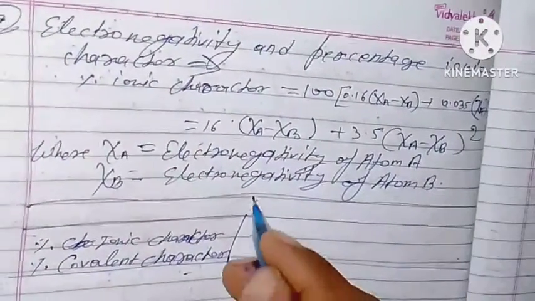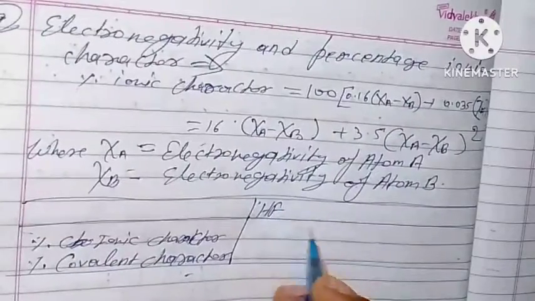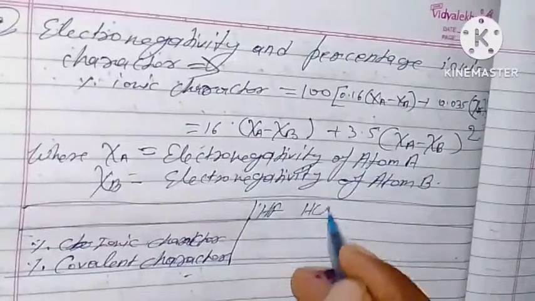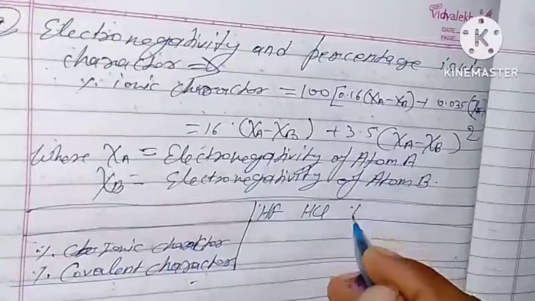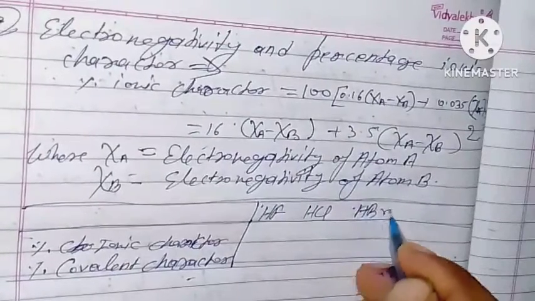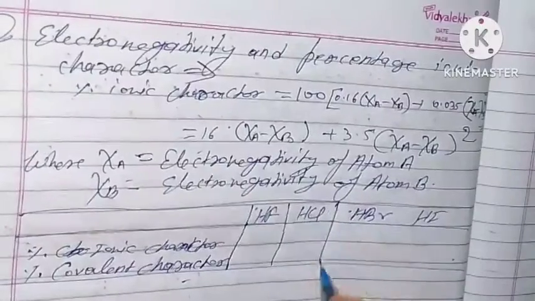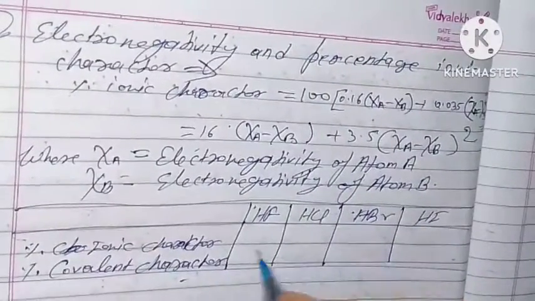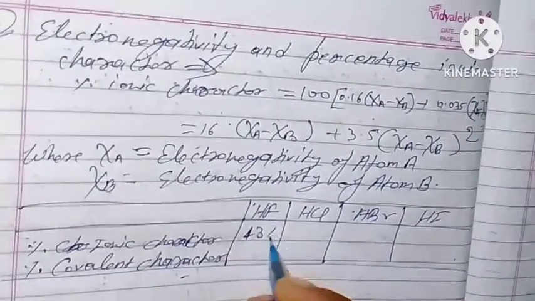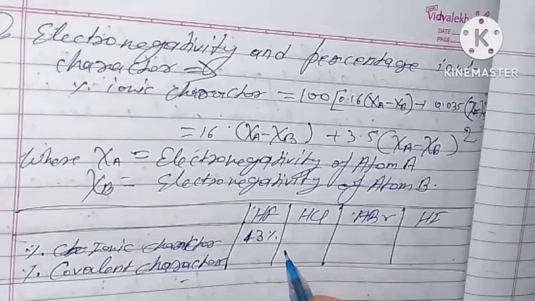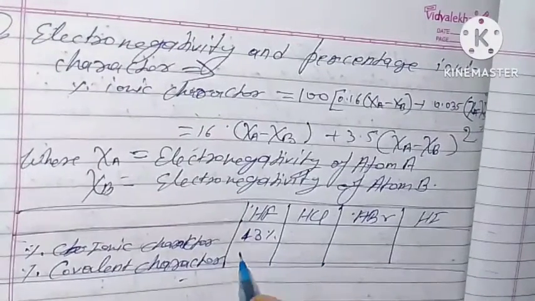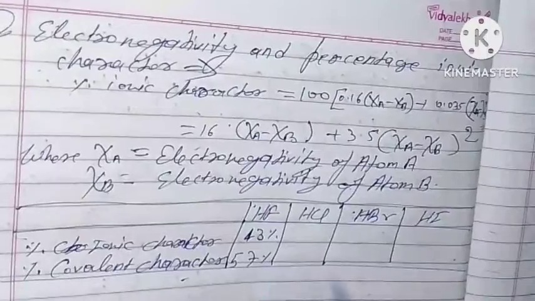This is for HF, hydrogen chloride, hydrogen bromide, and hydrogen iodide. HF has 43% ionic character and 57% covalent character.